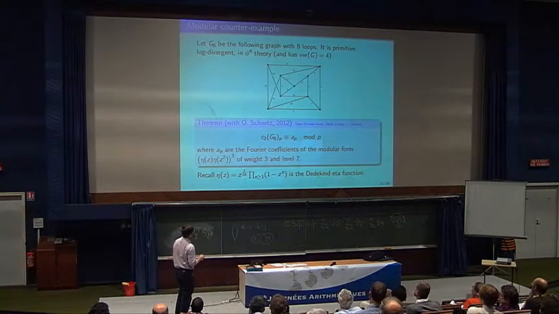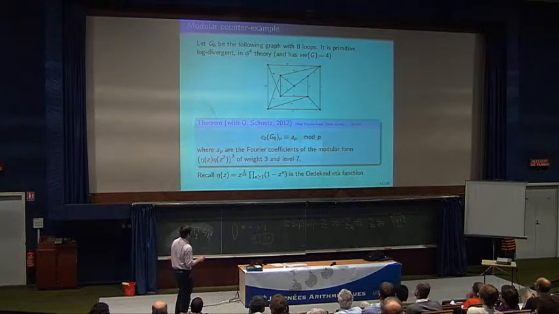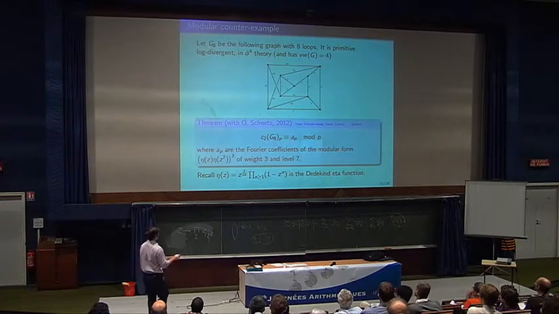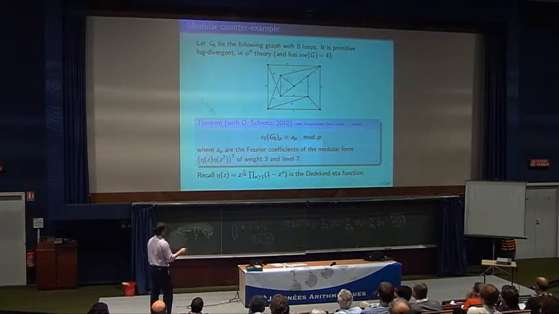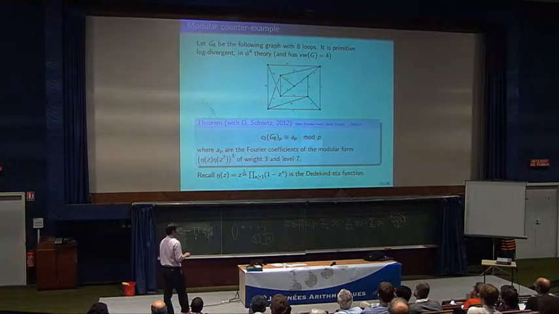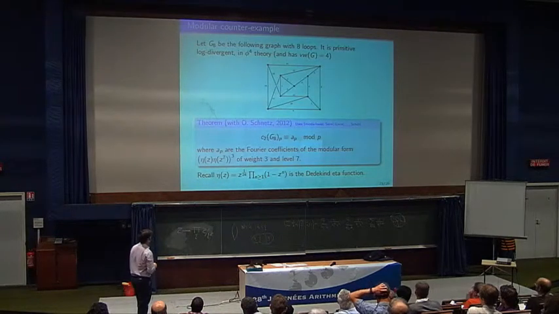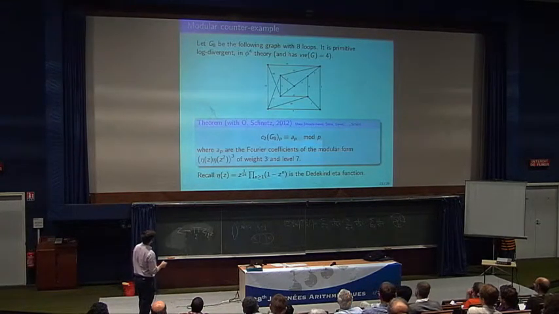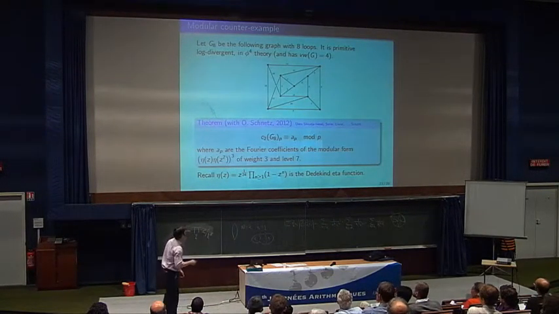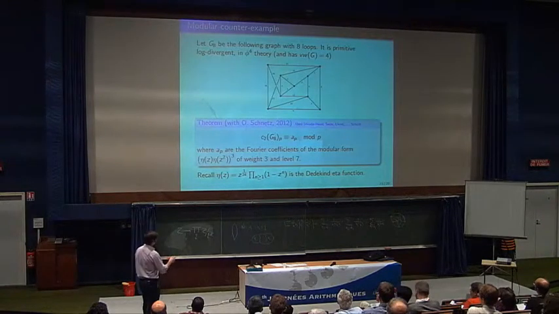And then using the classification of singular K3s and the modularity results known for these, we can prove that the C2 invariant of this graph, modulo p, so I'm only looking at the components mod p, is given by the Fourier coefficients of a completely explicit modular form, eta(z) eta(7z), all cubed, which is of weight 3 and level 7. Here, of course, eta(z) is just the Dedekind eta function. And also this graph has, incidentally, vertex width 4, so it suggests that the previous results were in fact optimal. So this graph is modular.